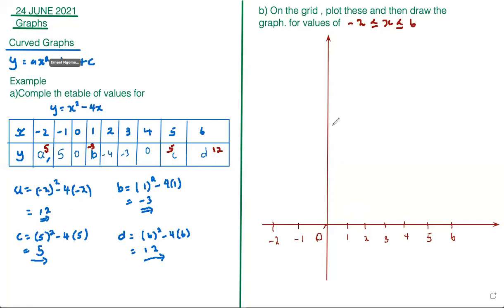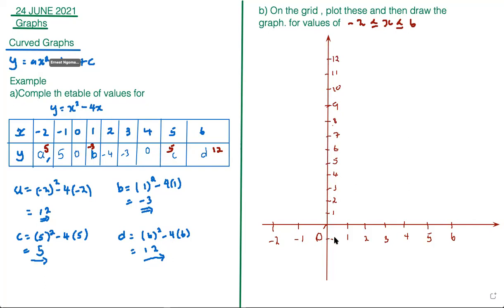All right, now we put our scale for the y-axis. We need to go up to 12. So 0, 1, 2, 3, 4, 5, 6, 7, 8, 9, 10, 11, and 12.